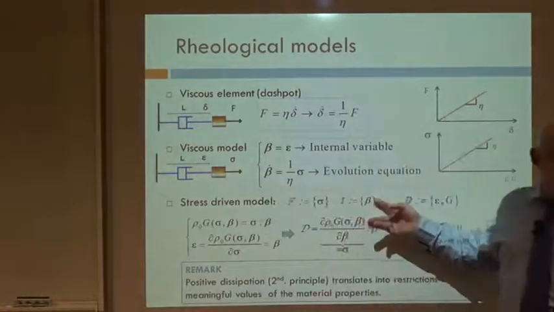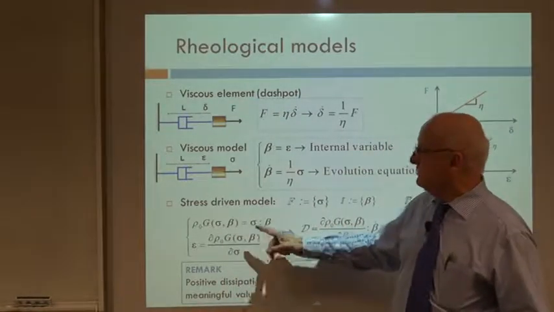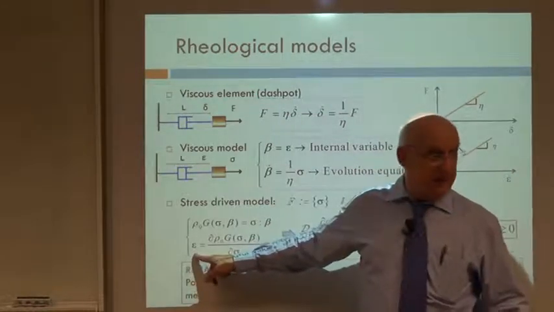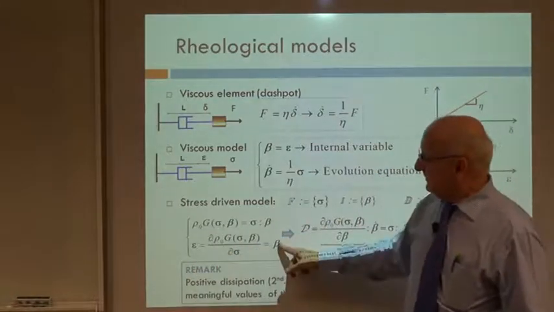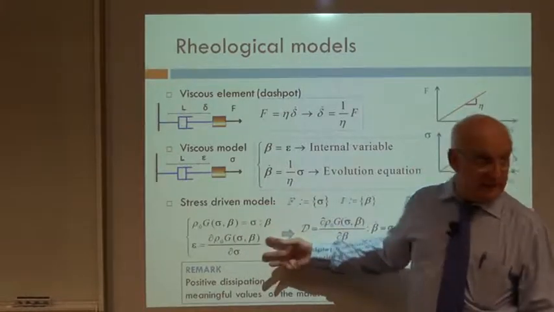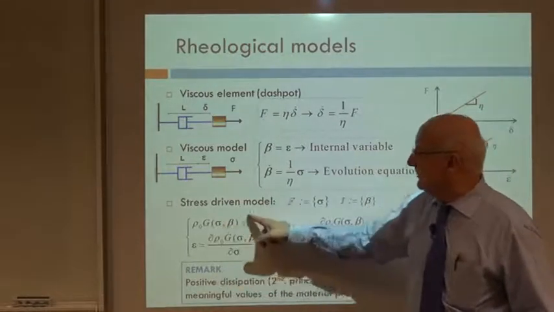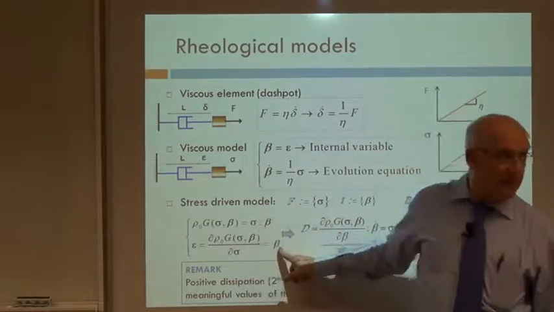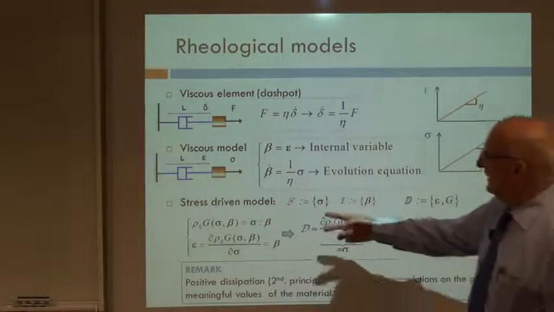Since this is a stress-driven model, the derivative of the Gibbs potential, which will depend on sigma and beta, with respect to sigma has to return the strains. Remember, in a stress-based model, why not consider the free energy, as a definition, to be sigma times beta? In fact, we check that by differentiating this function with respect to sigma, we return beta. So this is a good candidate to represent the Gibbs potential.